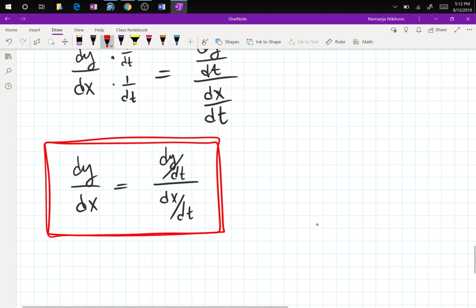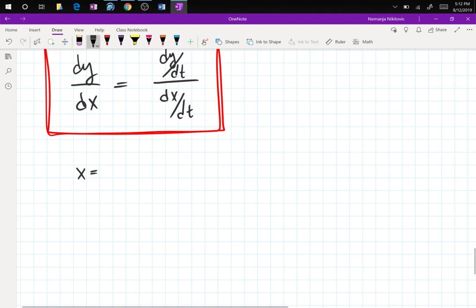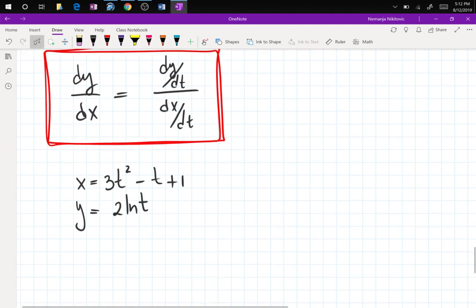Where do you lose your grade? You lose your grade on the silliest possible thing. When I give you equations, x equals 3t squared minus t plus 1, and y equals, let's say, 2 ln t, which one goes on top? The bottom equation goes on top, right?